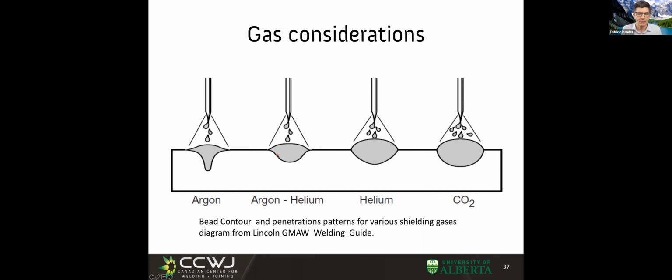The mixture between argon and helium, you see here, they indicate also that argon has pretty good what they call wetting, which has very little to do with the surface tension, although most people think so, but it has a lot to do with the heat transfer here at the toe of the weld as it's being made. And here it shows how this wetting goes progressively from pretty good to not so good, really not good, and really bad, right? And the penetration changes.